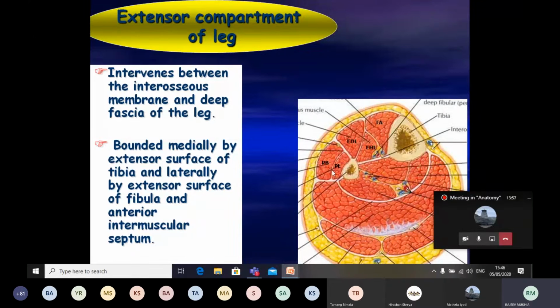This compartment is the lateral compartment, between the anterior and posterior intermuscular septa. Posterior to the posterior intermuscular septum and interosseous membrane, this large portion is the posterior compartment, also known as the flexor compartment of the leg.